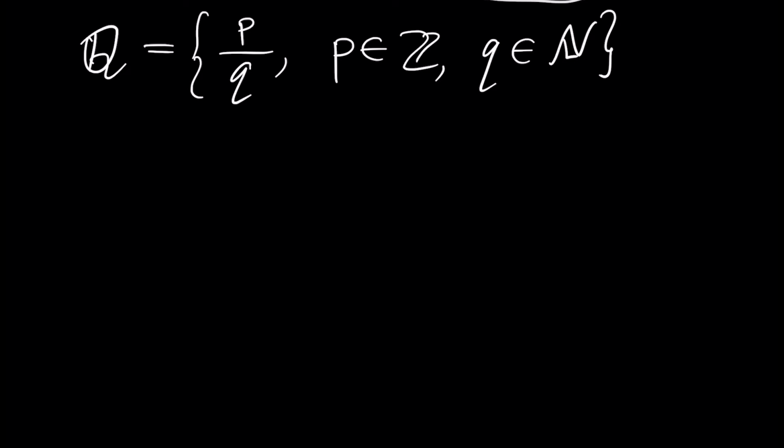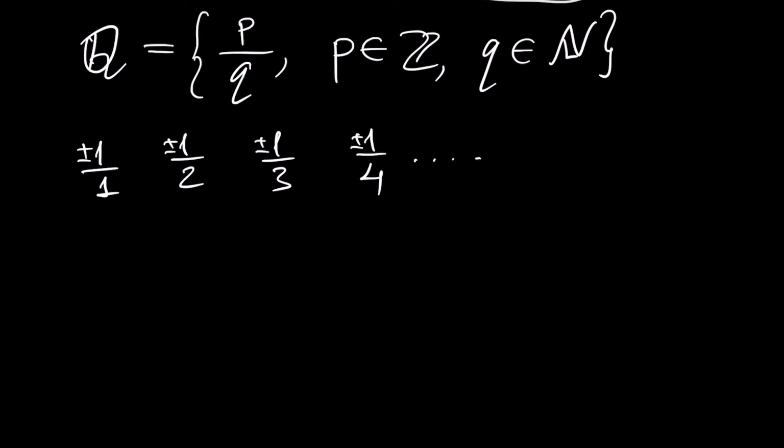How is it done? We can write elements of rational numbers as 1 over 1, 1 over 2, 1 over 3, 1 over 4, and so on. So in the first line, we write all elements where the numerator is 1. Of course, we can also include negative numbers, so we have plus minus 1.